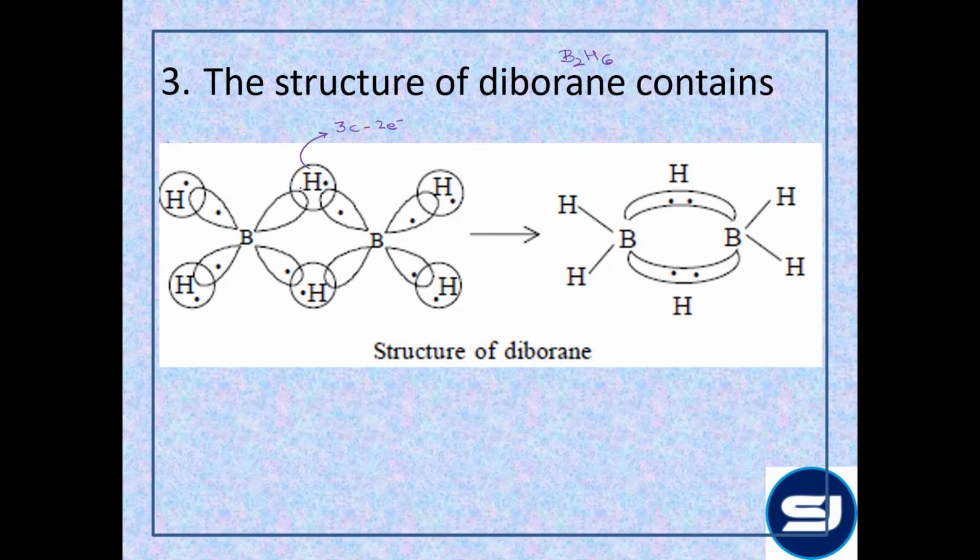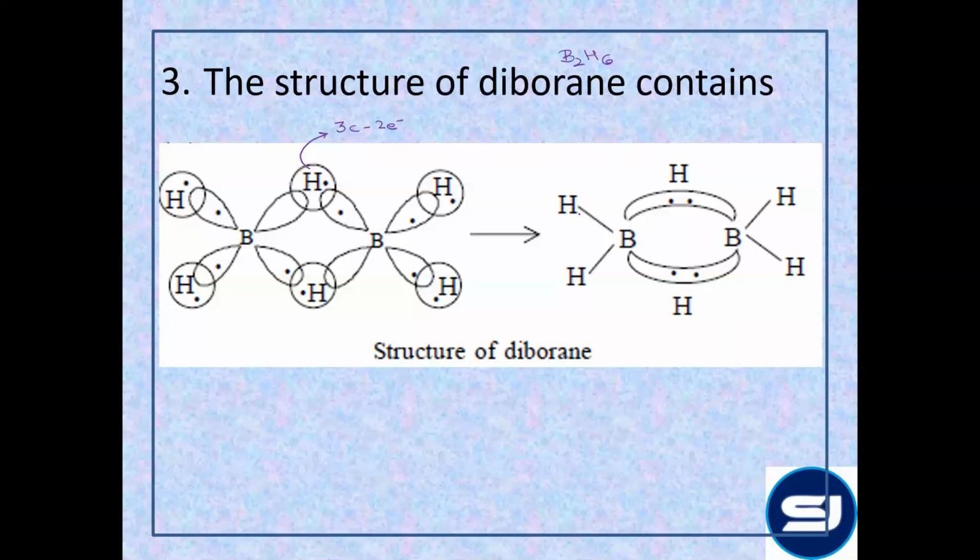That means there are three nuclei involved in the overlapping, but only two electrons are shared. That is why it is called a three center two electron bond. In three dimensions it appears in the form of a banana shape, which is why they are also called banana bonds.